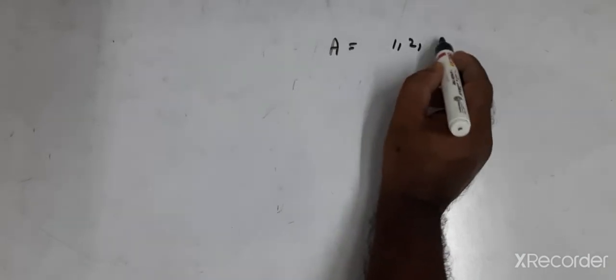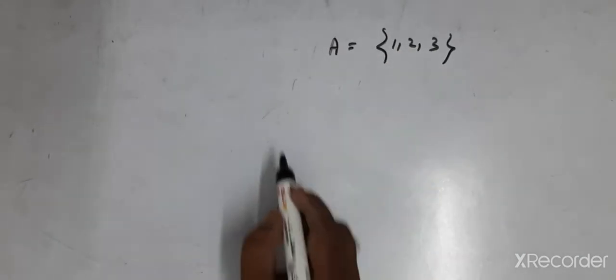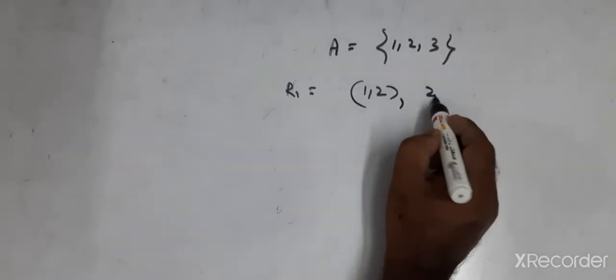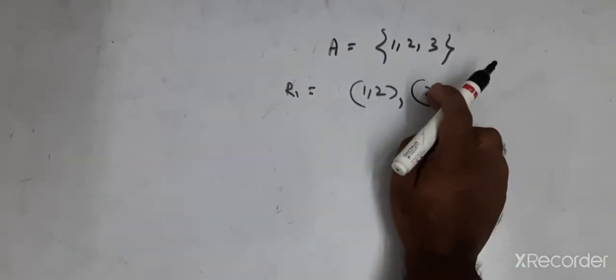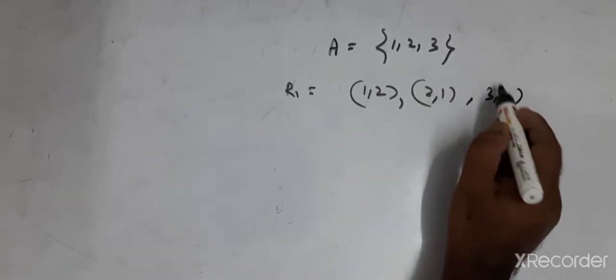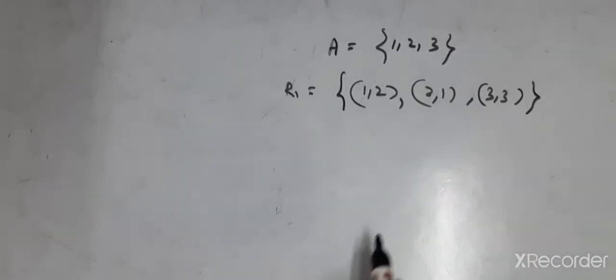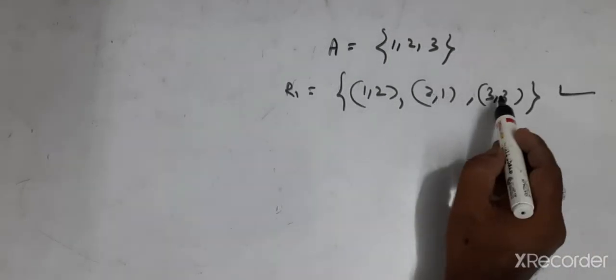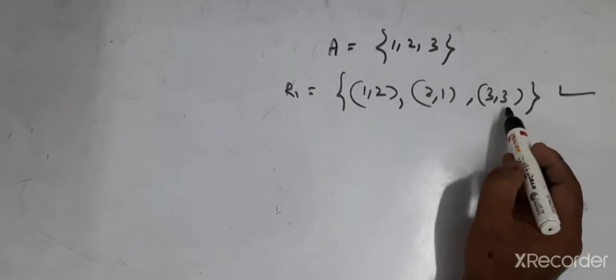Next we discuss examples of symmetric. So take again the same A equal to 1, 2, 3. So let R1 equal to (1,2), (2,1), (3,3). This is symmetric because (1,2) is present and (2,1) is present. (3,3) is present, its opposite is also present.